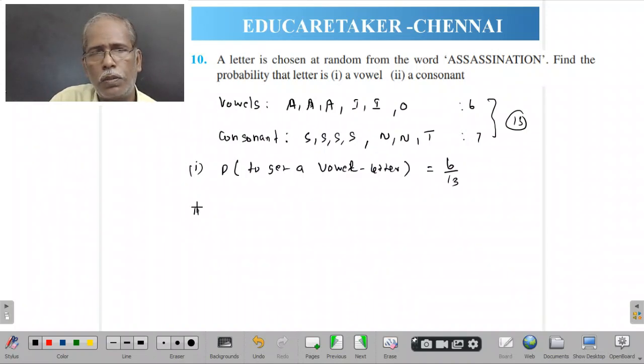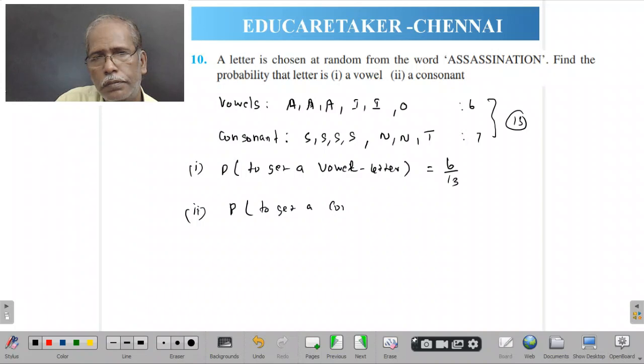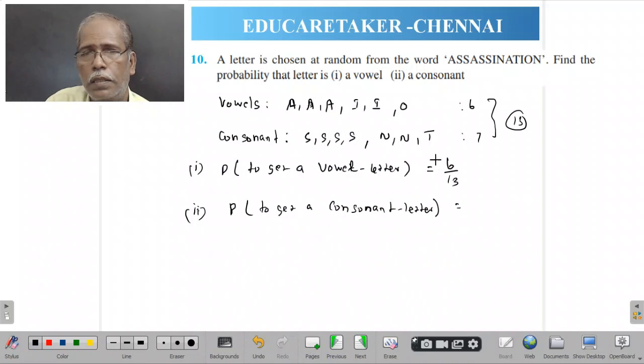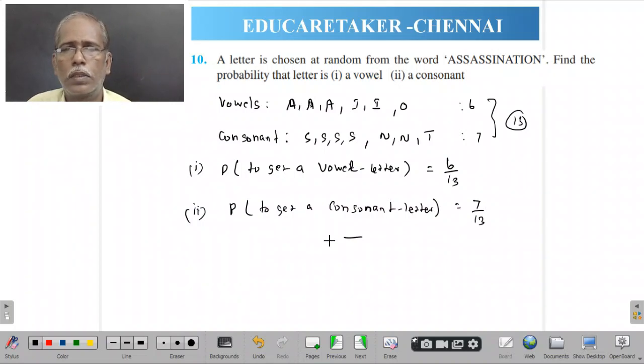And subdivision 2: probability to get a consonant letter from the word assassination. 7 favorable points, 7 out of 13. So this is the answer. So dear student, we will move to question number 11 of this exercise.